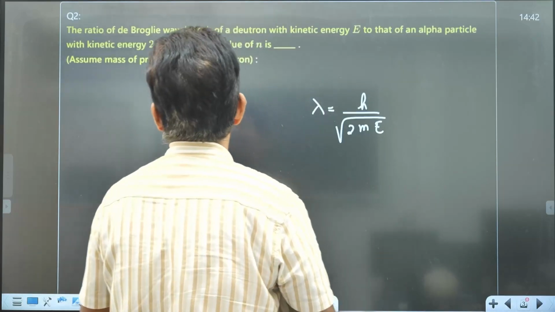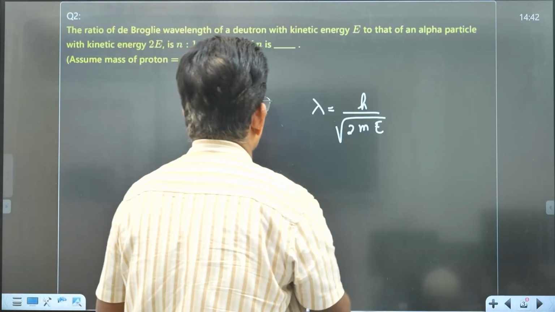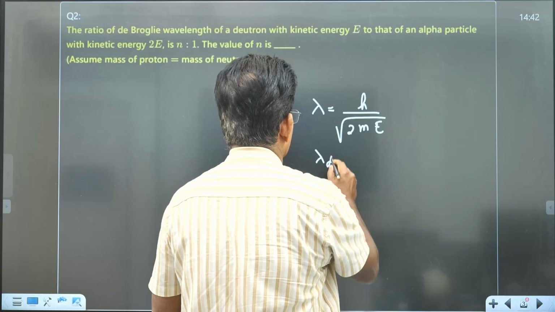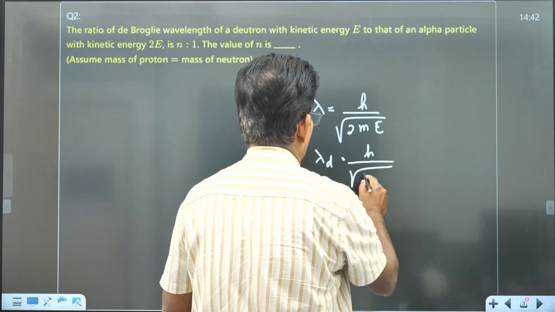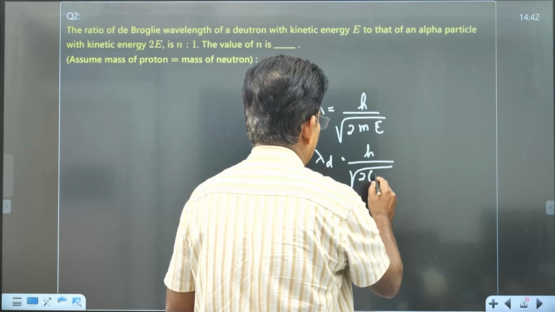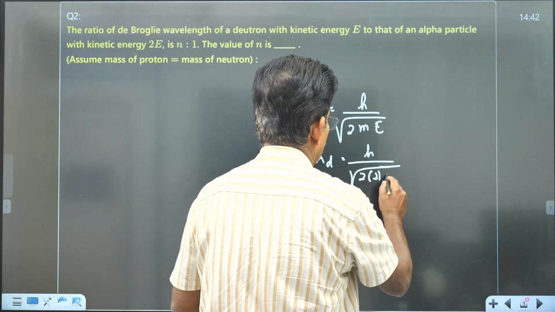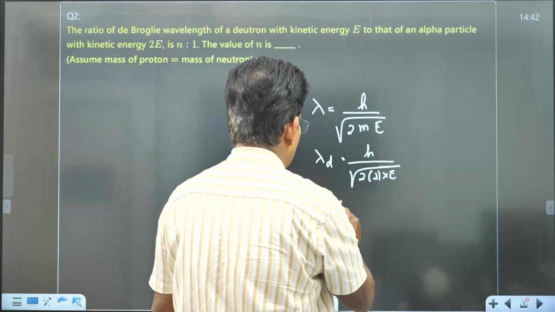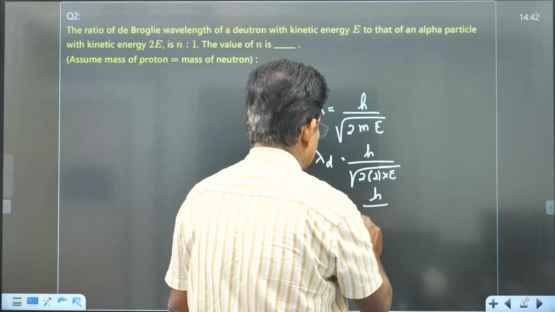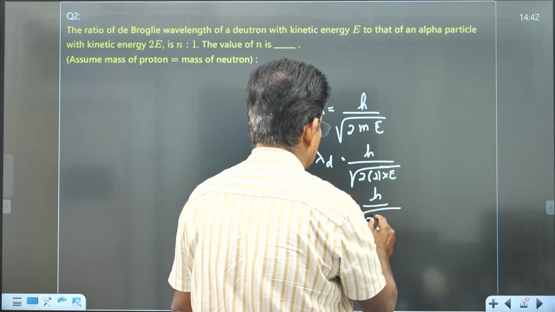Now we have to compare the ratio for the deuteron. So lambda deuteron will be h by root of mass of deuteron, we can take it to be 2, times 2 into energy, which is given to be E. Lambda alpha particle is h divided by root of 2 into mass.